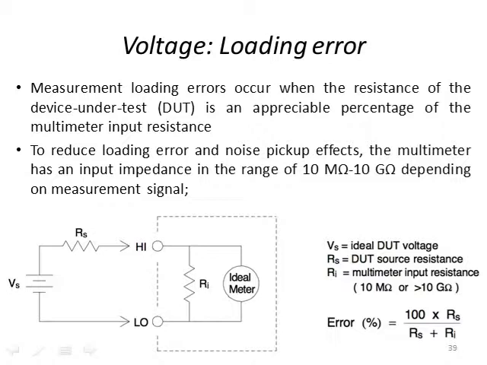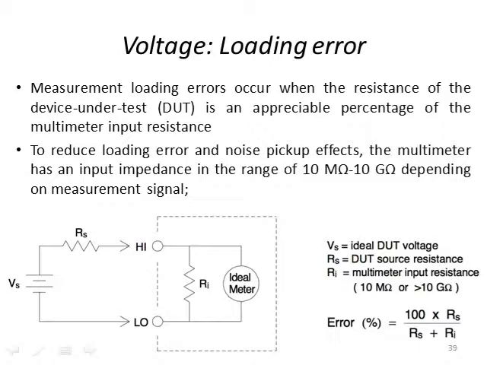Now, essentially we want Ri to be usually as large as possible, and then our error becomes as small as possible. But you need to be careful, because if you make Ri too large, then the noise at the input terminals also increases.